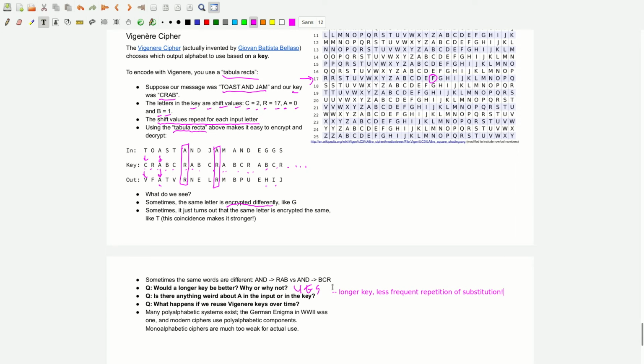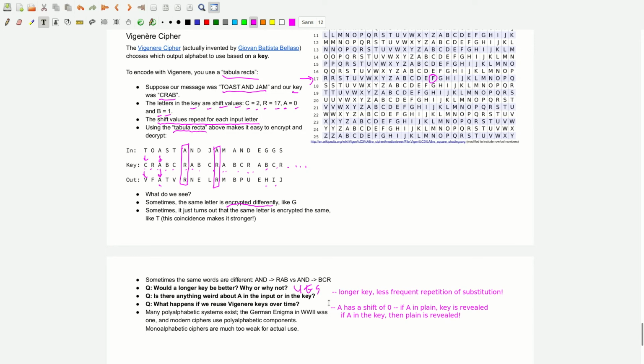Now, what else do we see about this? Is there anything weird about A in the input or in the key? Yes, there is. Here's the problem with A. A has a shift of 0. So if A is in the plain text, then the key is revealed, and if A is in the key, then the plain text is revealed.